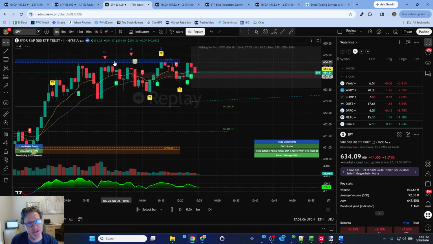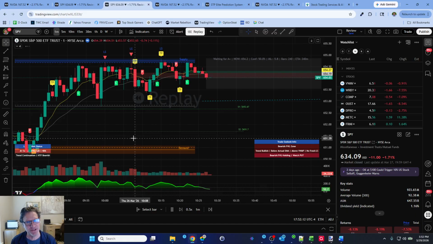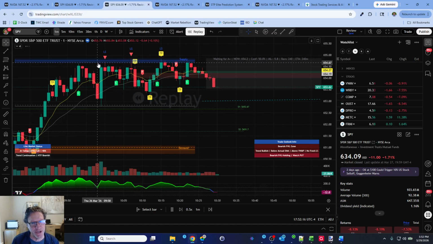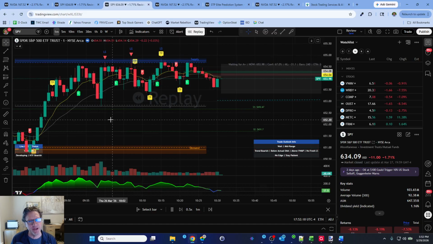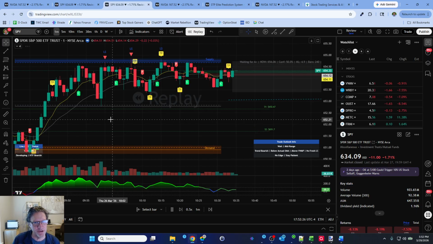Oh, I didn't explain this. So let me share this with you. These LSs, if you don't know what a liquidity sweep is, these are institutions trying to drive the price and create liquidity by stopping out people who have stop losses on their trades.